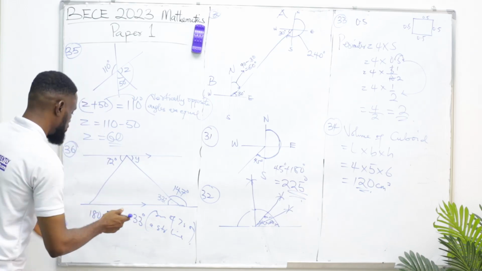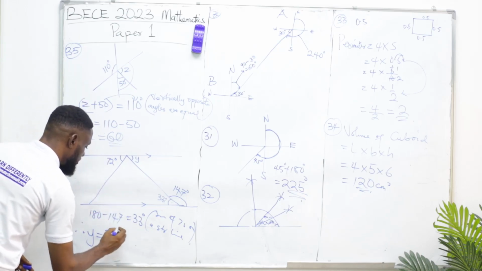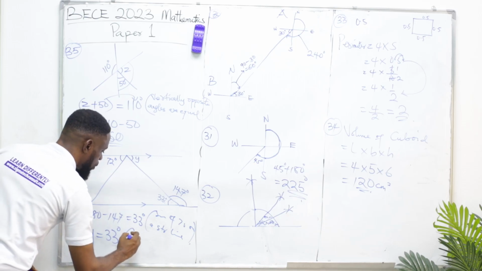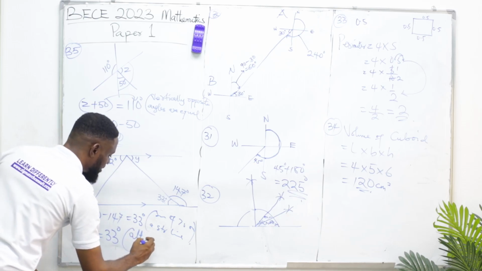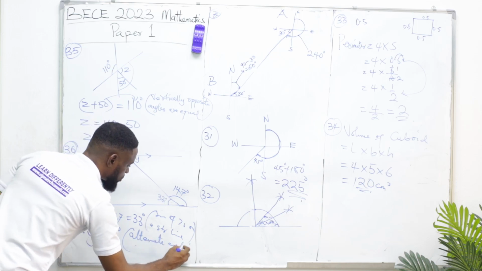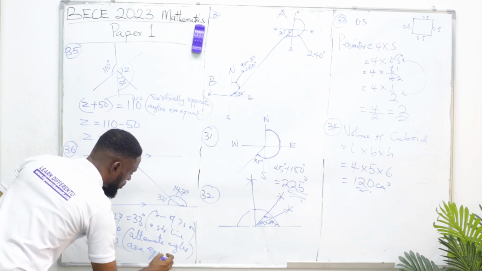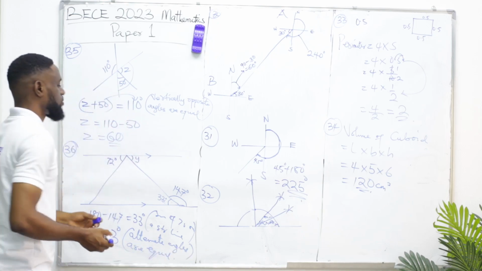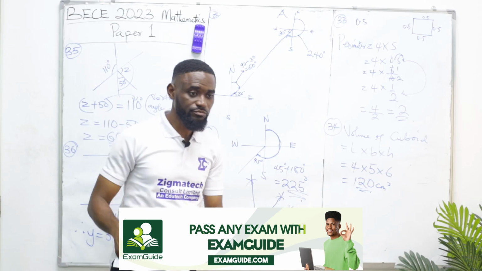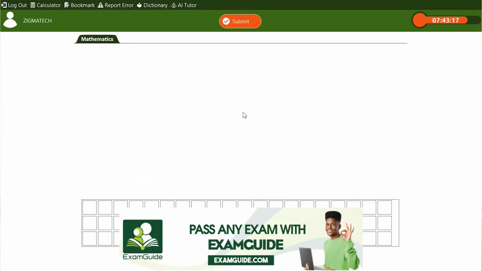Alternate angles are equal. So you say, therefore, y is equal to 33 degrees. Y? Alternate what? Angles are equal. So y is 33 degrees. So we have option B as the correct option.